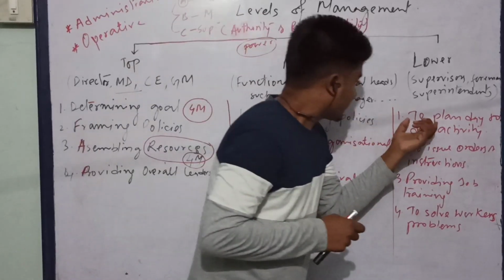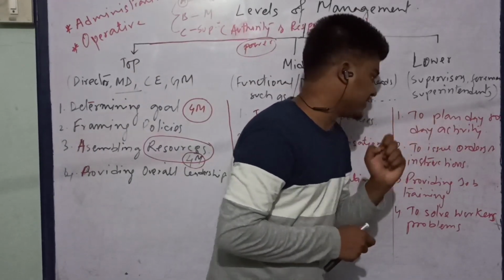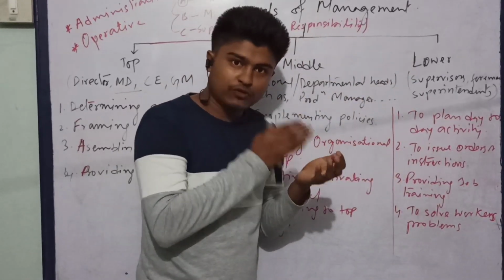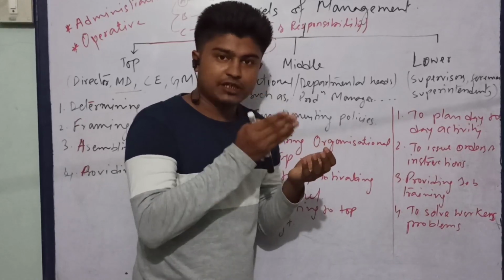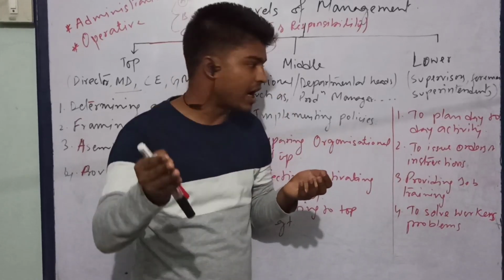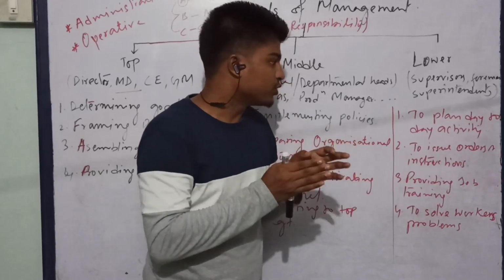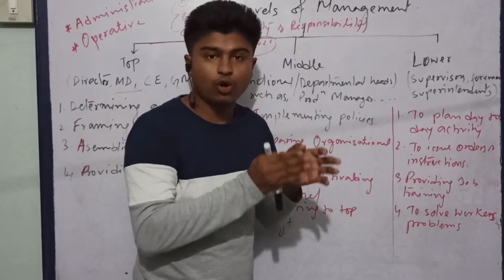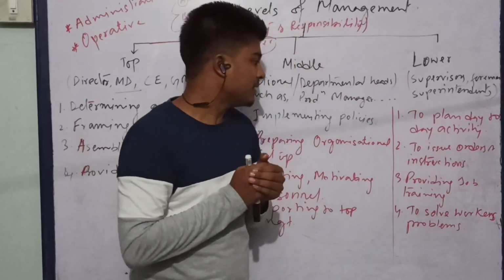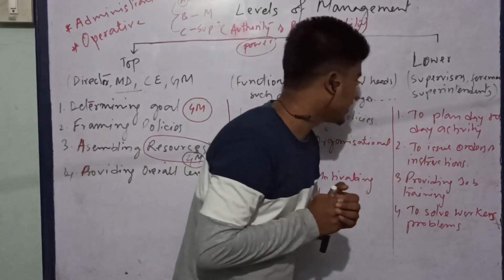First, to plan day-to-day activity, meaning what to do on a particular day in January, what to do the next day, what to do on the third day. Planning day-to-day affairs is the duty of lower level management.